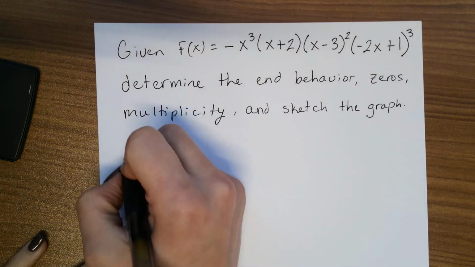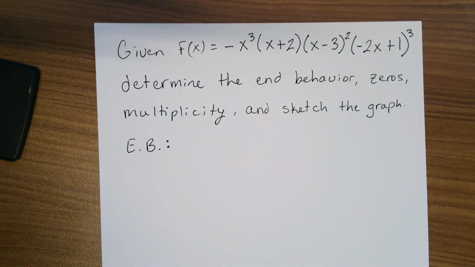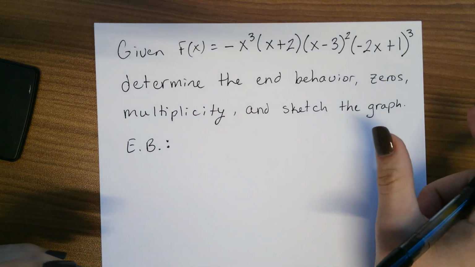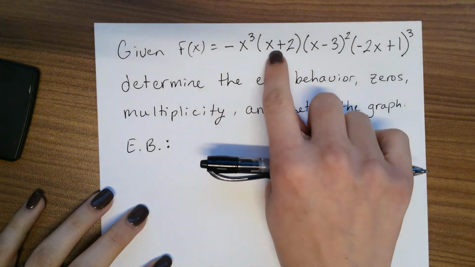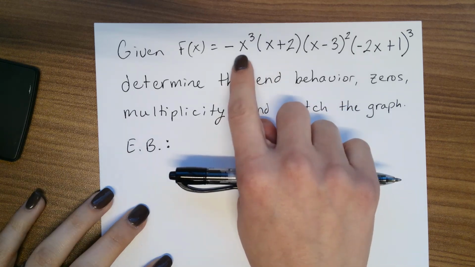So determining end behavior, when we are in factored form, we can't just look for the piece that has the highest exponent. We have to find it. So I'm going to take into account all of the leading terms of each factor and then anything else that's on the outside.